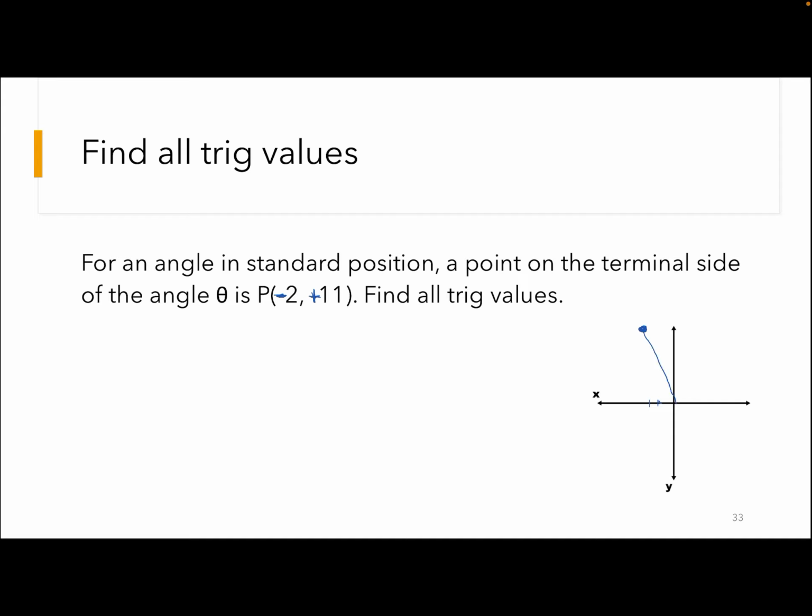And again, we need to find the trig values. We're given the 2 legs of a right triangle. That side is 2, technically -2, and that side is 11. We already know that the tangent of theta is going to be the ratio of the opposite to the adjacent.